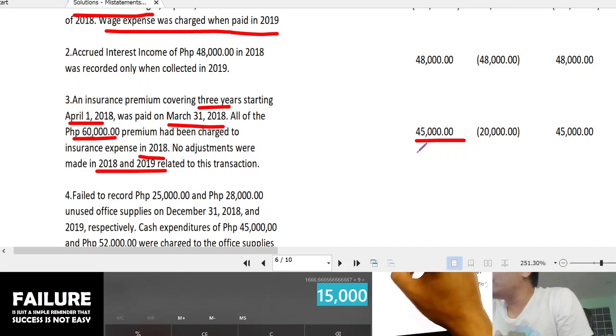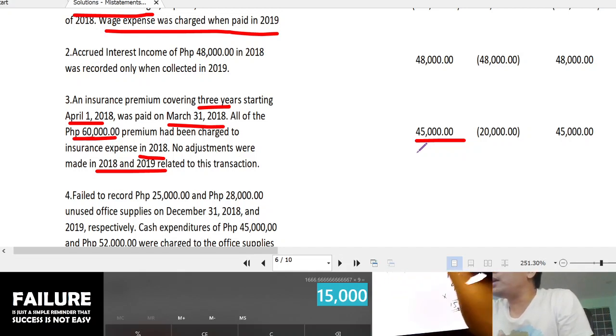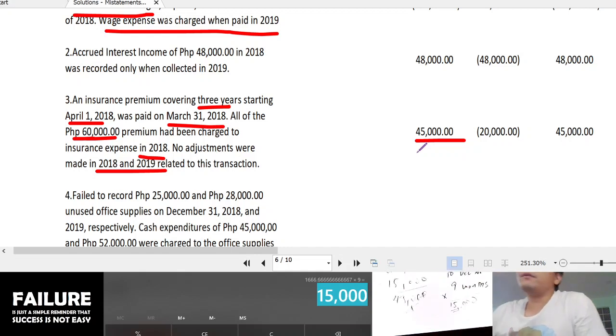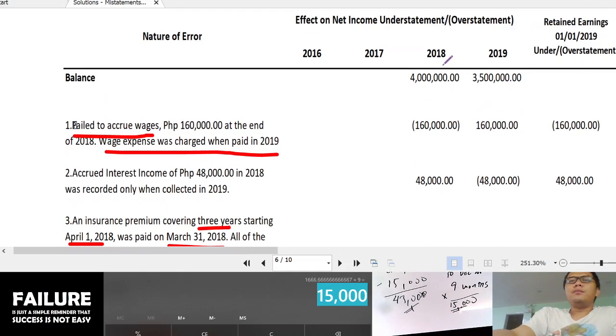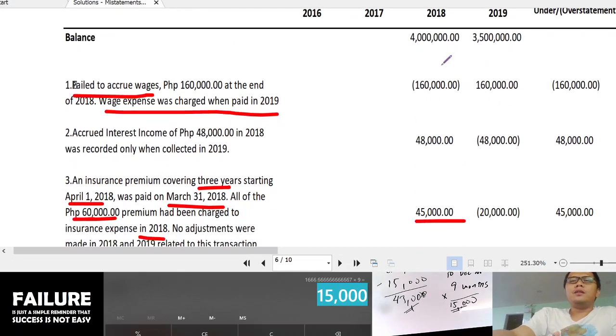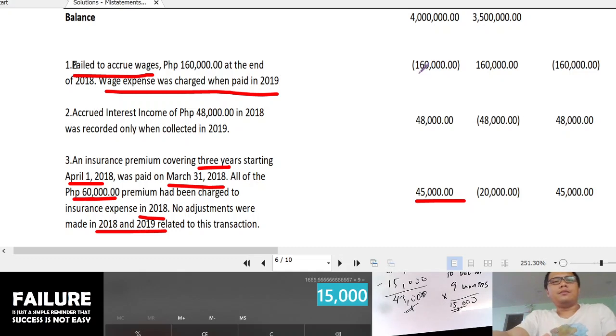That is 60,000, di ba? Magkano yung dapat lang? 15,000 na expense. So the point is, sobra ka ng 45,000. Di ba? So that is your understatement of your 2018 net income.